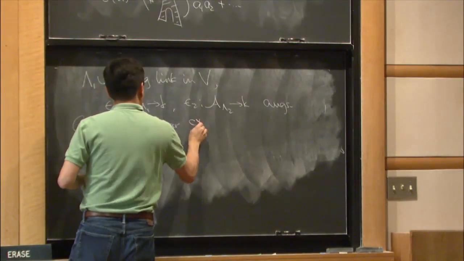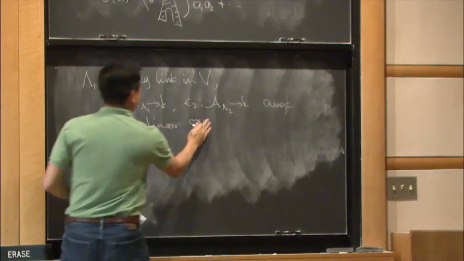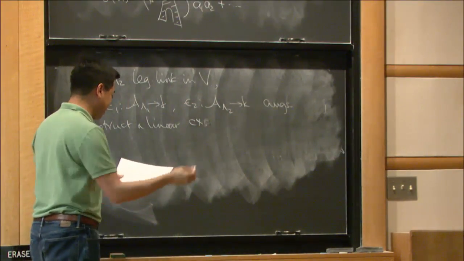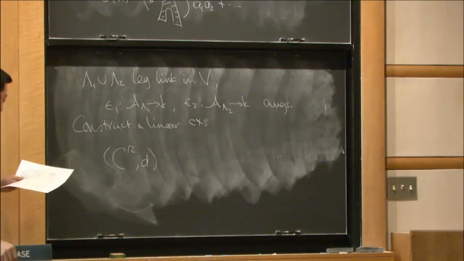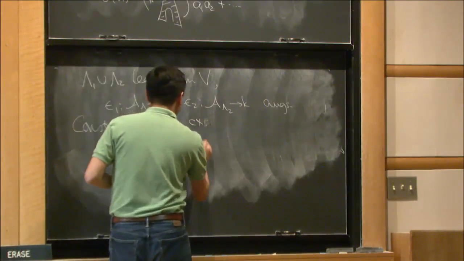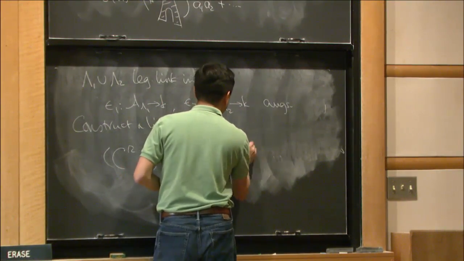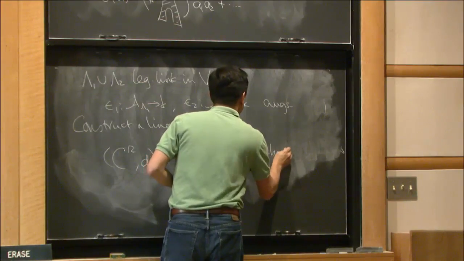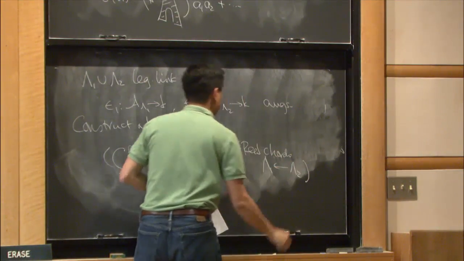I'll write it as C12 with differential d on it. And what C12 is, is just the vector space over K generated by Reeb chords from lambda 2 to lambda 1.